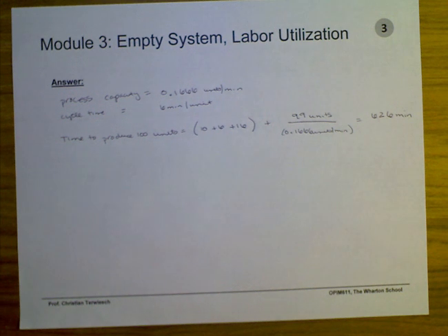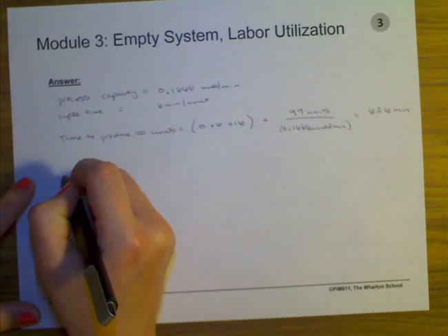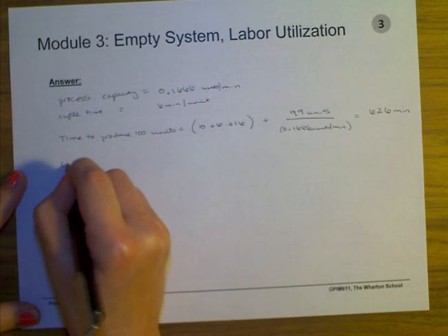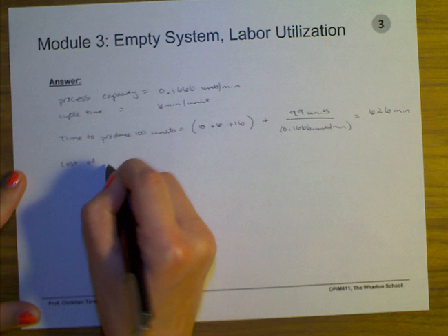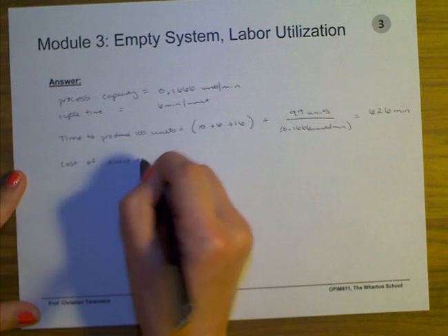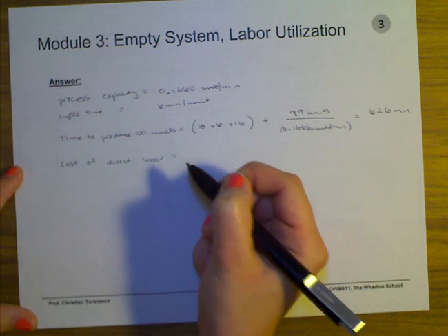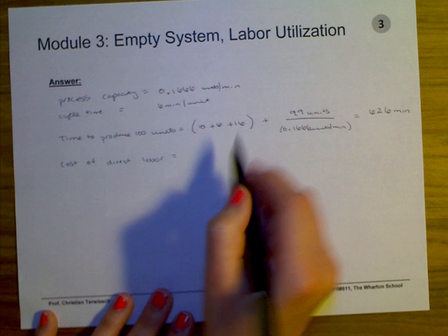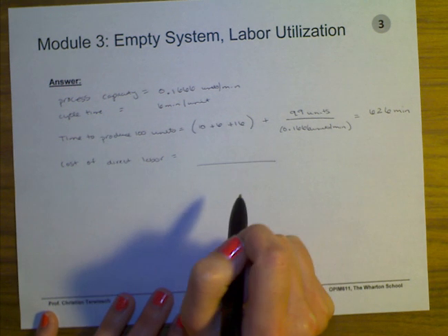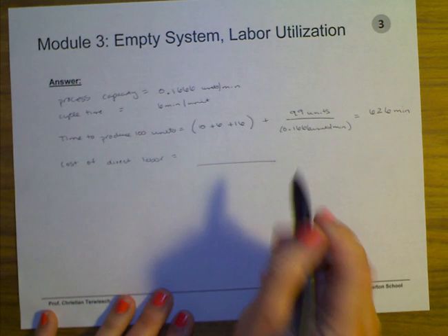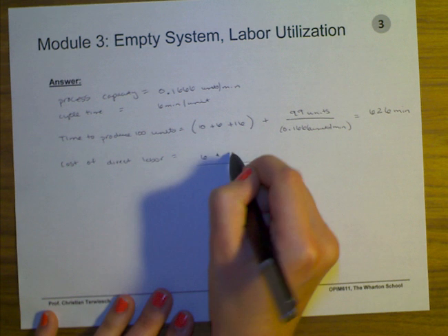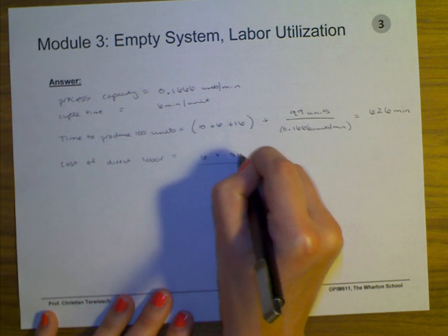The second question asks us to compute the cost of direct labor. And for that, we have 2 components. We know that we have a total of 6 workers who are earning $10 an hour.